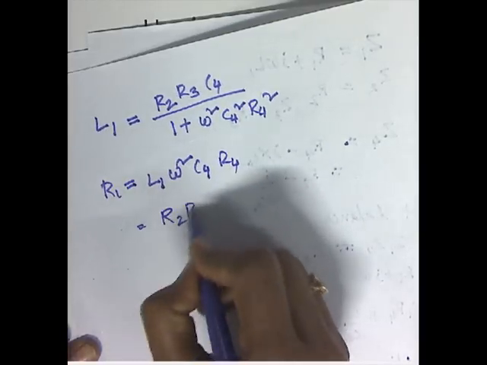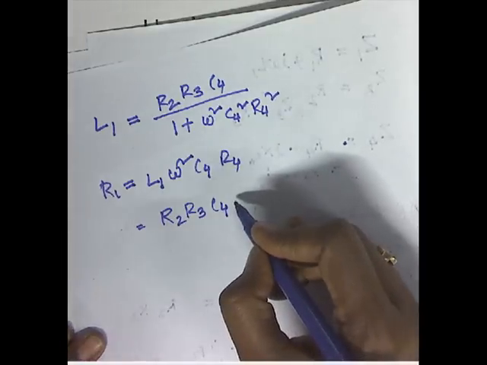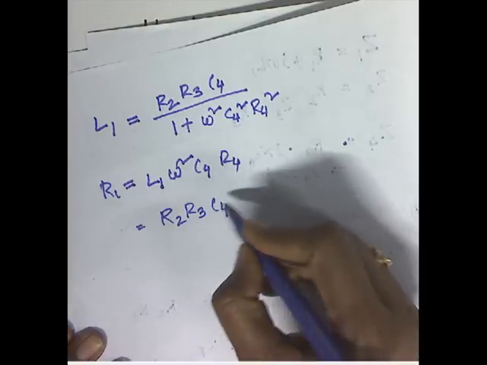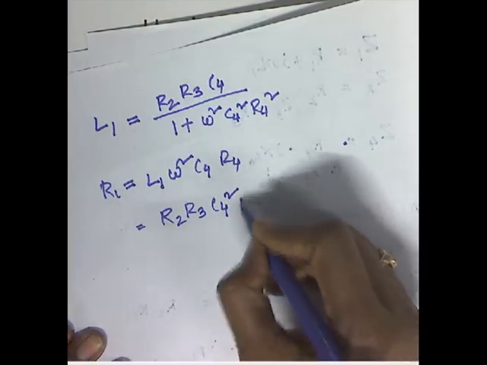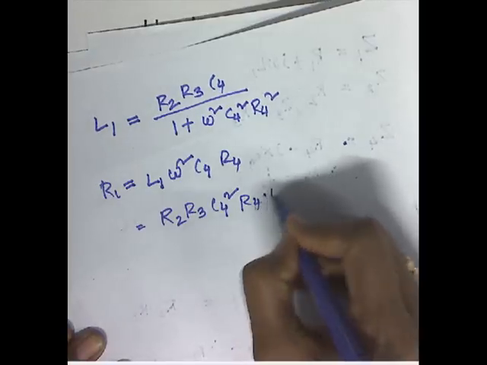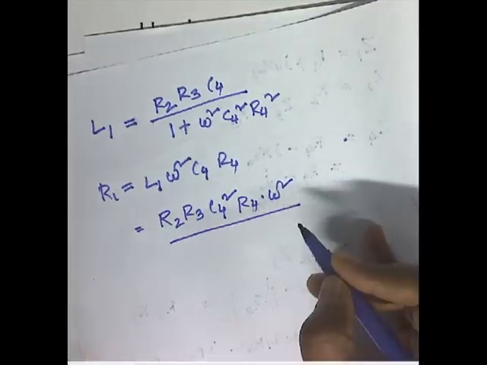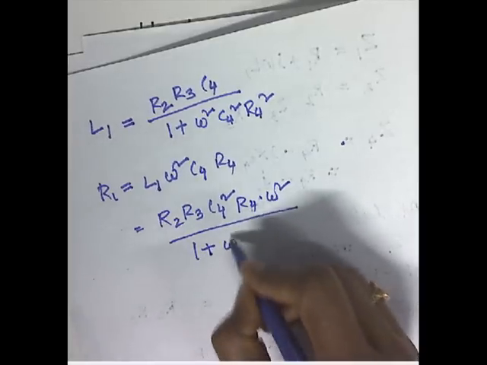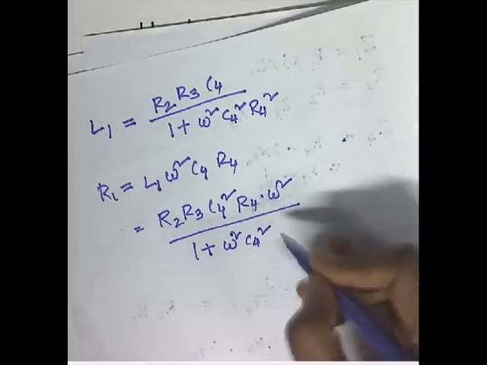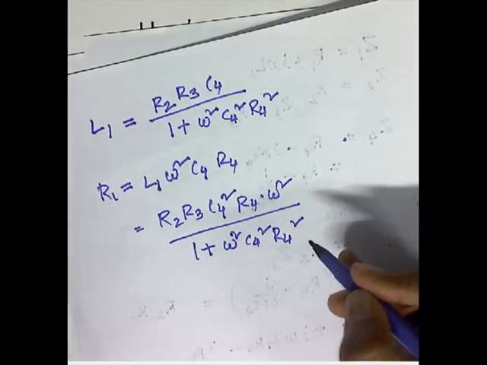So R1 is equal to R2 R3 C4 square R4 into omega square by 1 plus omega square C4 square R4 square.